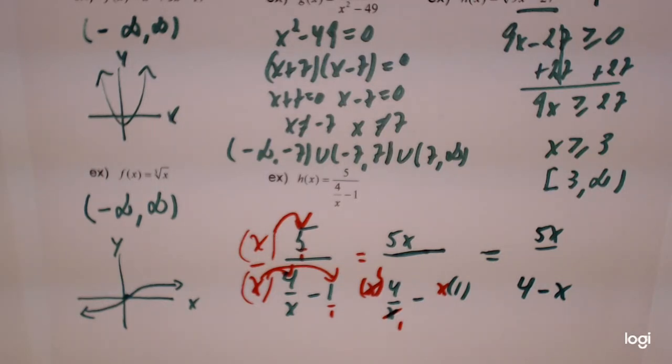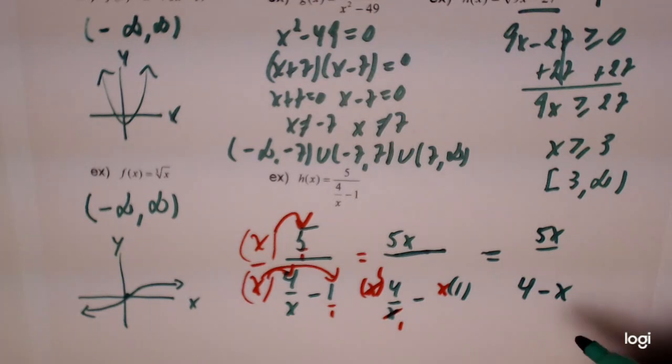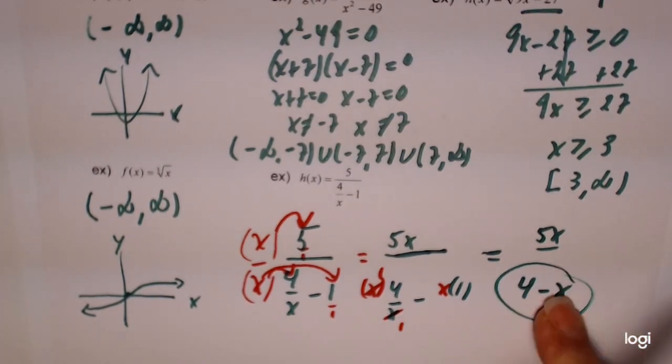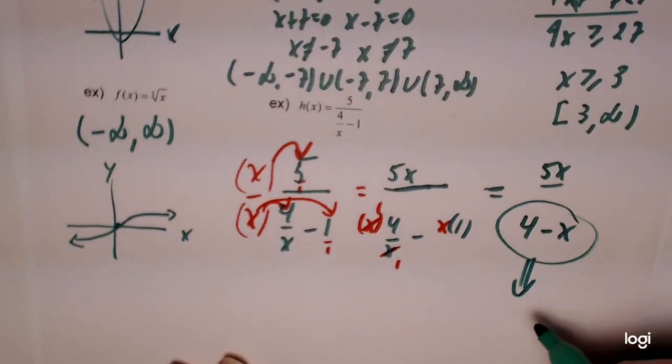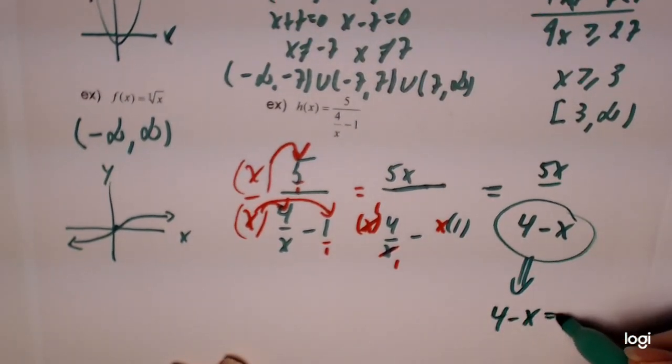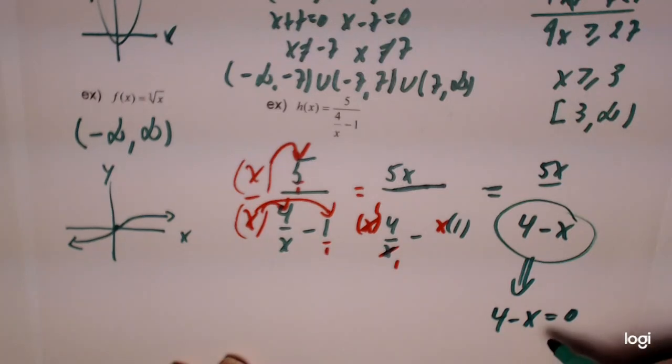Let's take a look now, because remember the purpose of this is looking to see what has to be excluded from the domain. So let's start here. We have obviously this denominator. So 4 minus x equals 0.